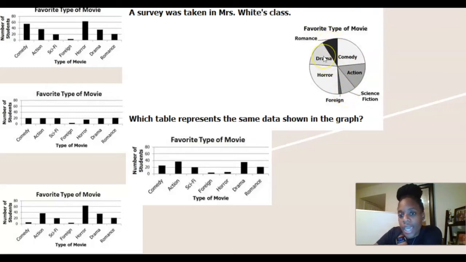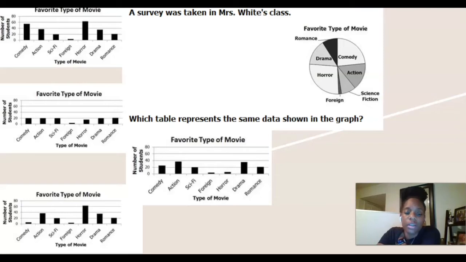And then you look at drama and action, and theirs look equivalent or very similar. And then horror and comedy, theirs look very close, but one is slightly off. All right, and you have to just pay attention to those. Just pay attention to the details itself. All right, so then we come over here to our bar graphs, and we look at those. As we said, romance and science fiction, they have the same amount.